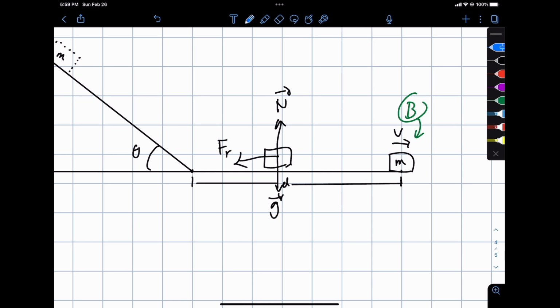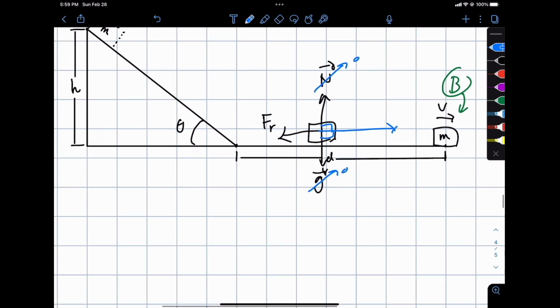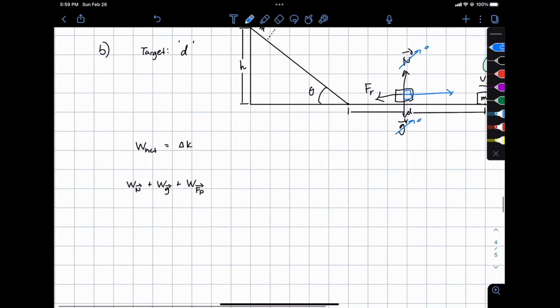We notice that normal force and gravity are two directions that are perpendicular to the direction we are going in. And remember what we said earlier? If they are perpendicular to the direction that we are moving in, that work goes to 0. And so that leaves us with only the force of friction of the surface.